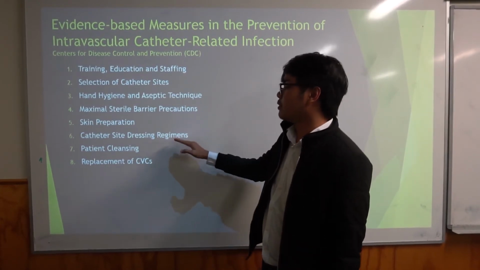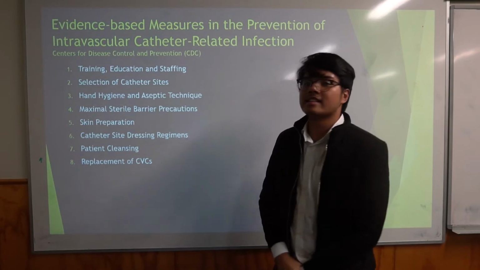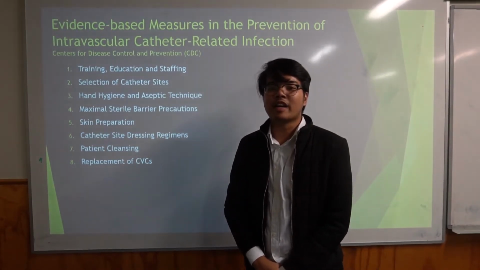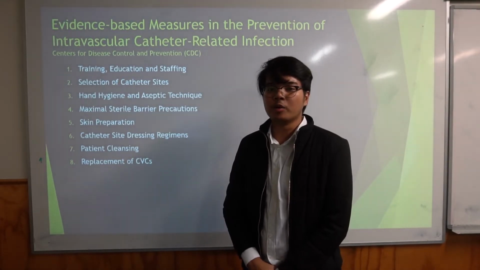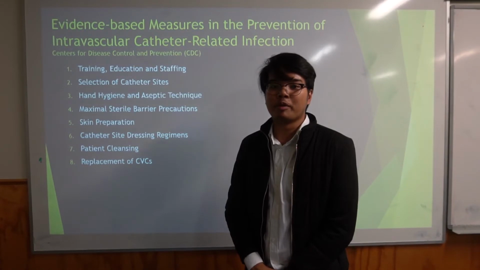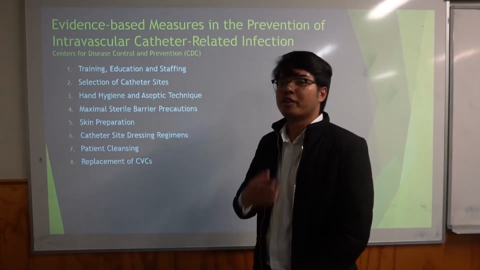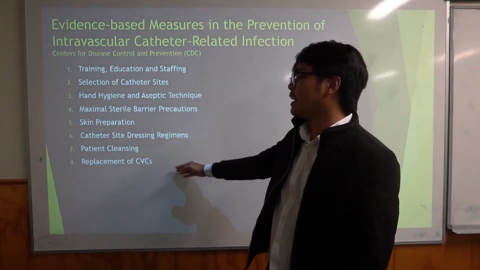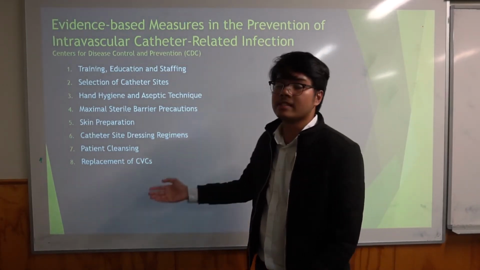Catheter site dressing regimens. The CDC adds that the catheter site should not be submerged underwater, and showering would be permitted only when there is a sterile barrier that is impermeable to water over the catheter site. Next, patient cleansing, and lastly, replacement of the CVCs.